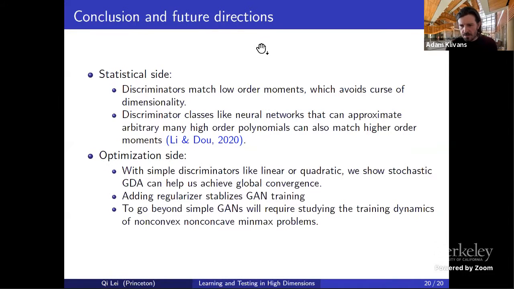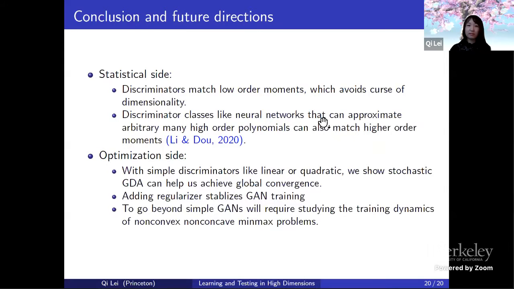Any other questions? I see that Vinay asked, does your theory tell us about good nonlinear functions for learning distributions? Yeah, it's a good point. As we see here, linear and quadratic discriminators are very simple, but they give us the sense that the discriminator can help us match the moments.